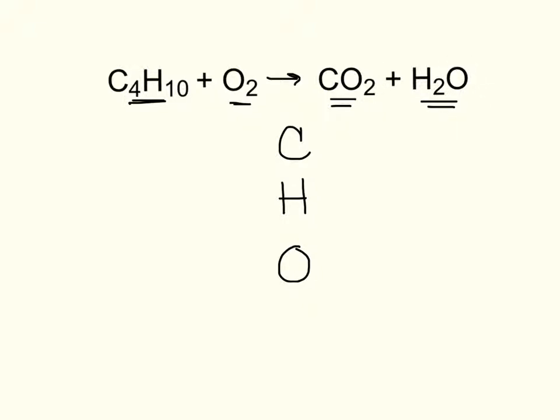The problem with that is that if you try to balance your oxygens first, you're not going to be sure where to put your coefficient because you could put it here or you could put it here, and so it's tricky. So the first thing that I suggest, kind of a rule of thumb, if you find something like oxygen in 2 places, balance it last. In fact, sometimes you should balance hydrogen and oxygen last.